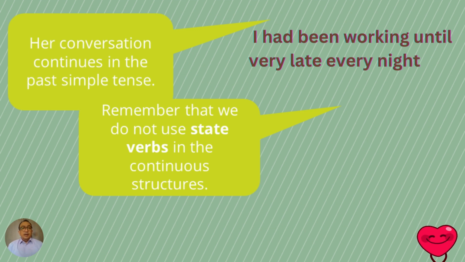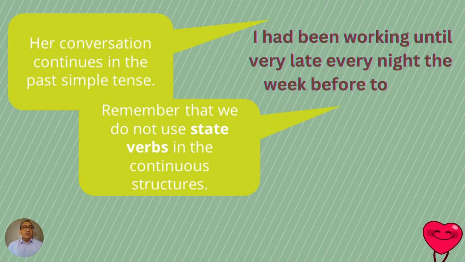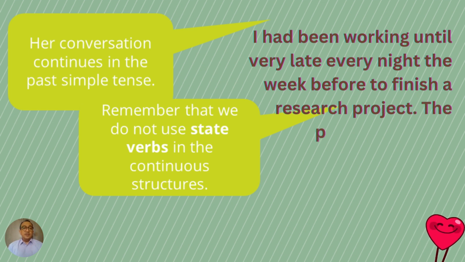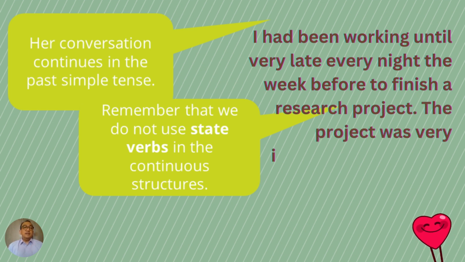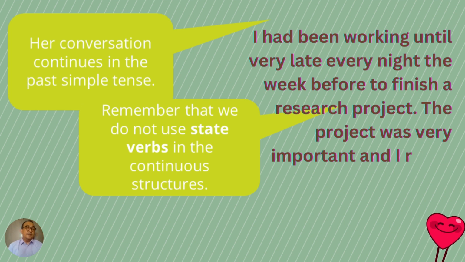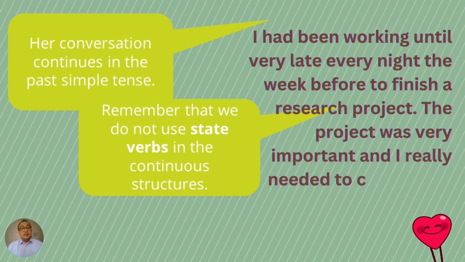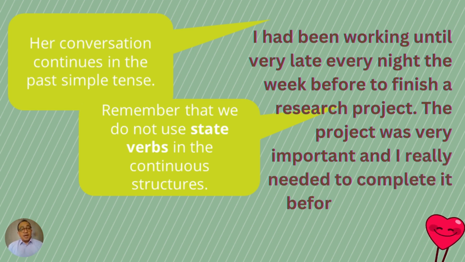After that, the conversation will continue in the past simple, right? Remember that we do not use state verbs in continuous. Speaking about state verbs, mental verbs, they are not action verbs. Like I'm speaking right now, there is the action of speaking. I'm writing, there is the action of writing. So speak and write can be in continuous.